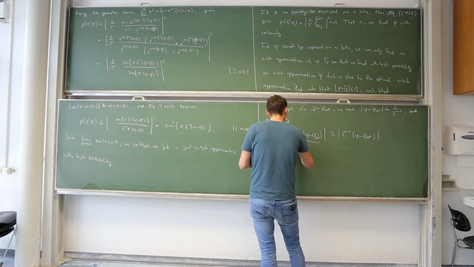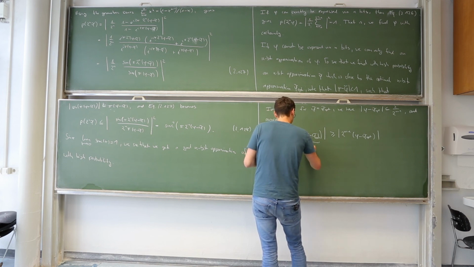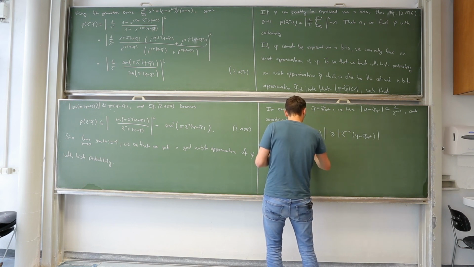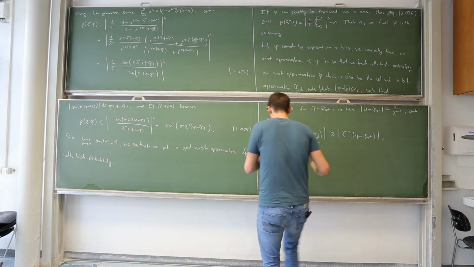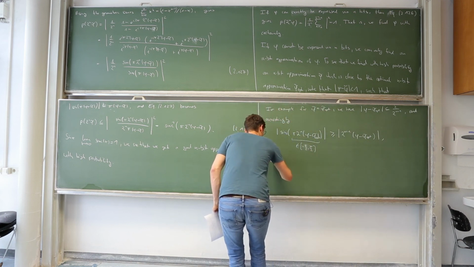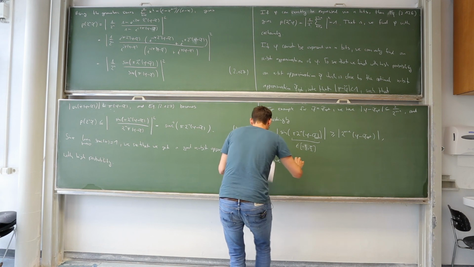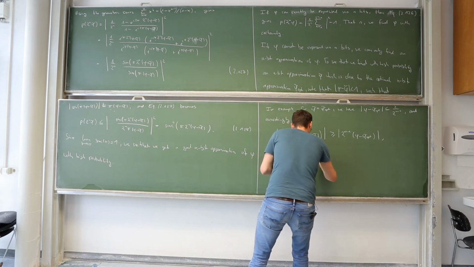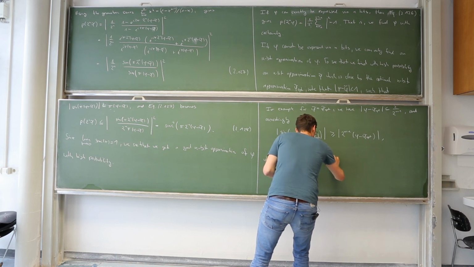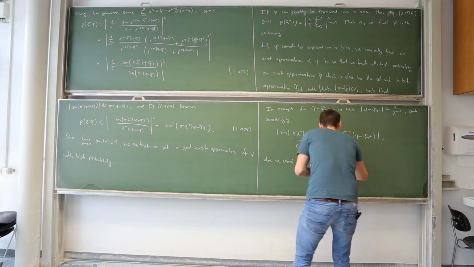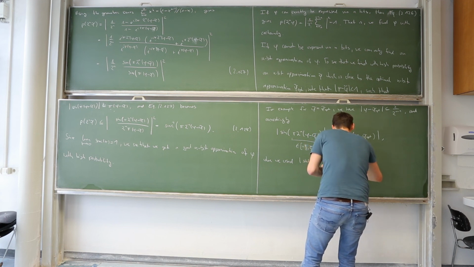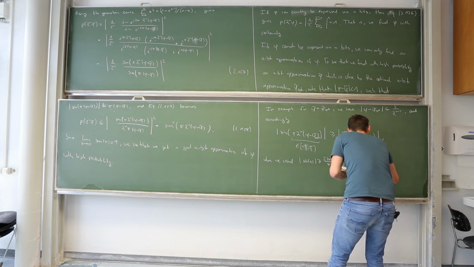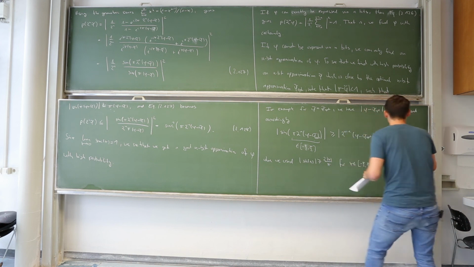So this approximation is possibly not so easy to see. What did we use? We used that the modulus of sine of x is greater or equal to 2 times the modulus of x divided by pi for x in minus pi half to pi half. We can illustrate this actually.